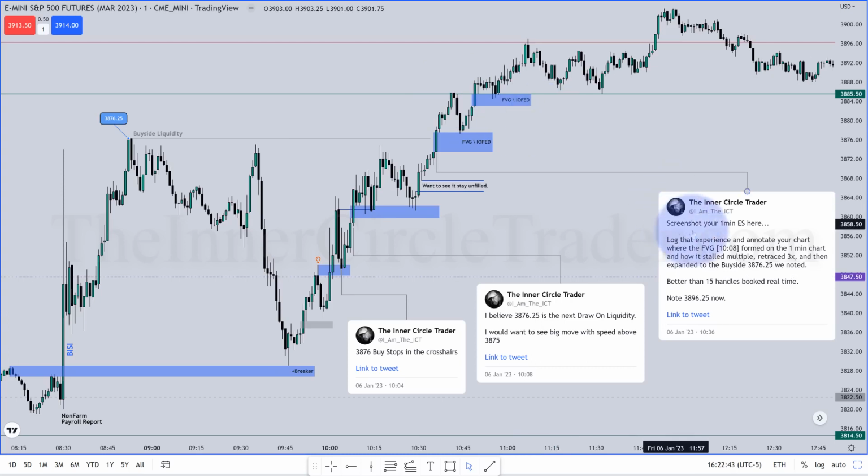And then finally, screenshot your 1 minute ES chart here. Where? Right on that very candle. So at 10:36, yeah, 10:36. I got disoriented there. I'm sorry. 10:36 candles right there. Look down at the bottom of the chart, right down here.